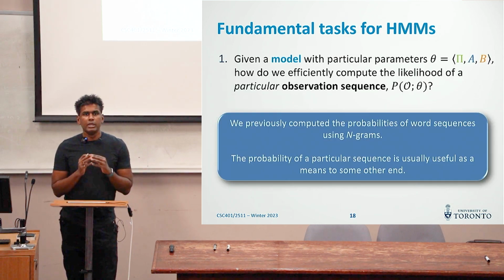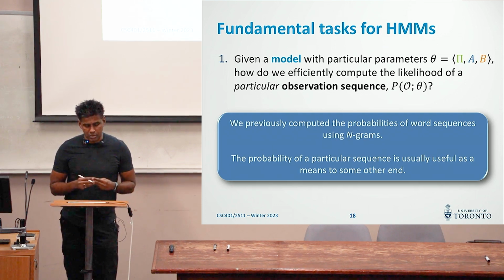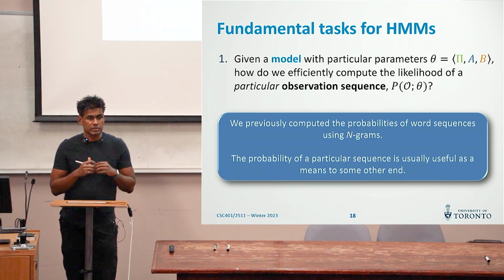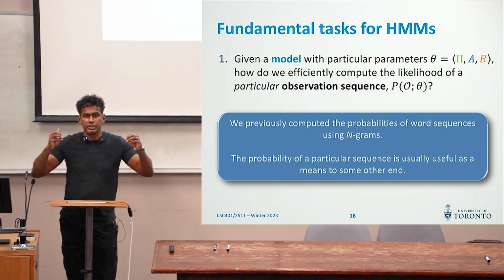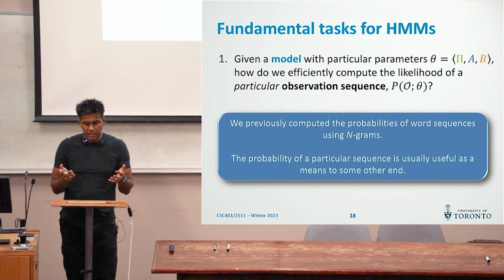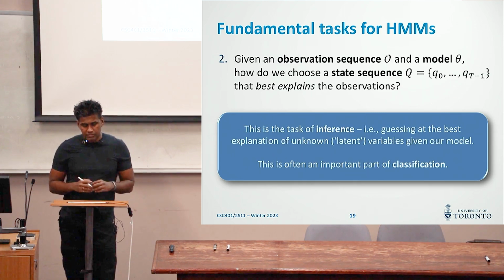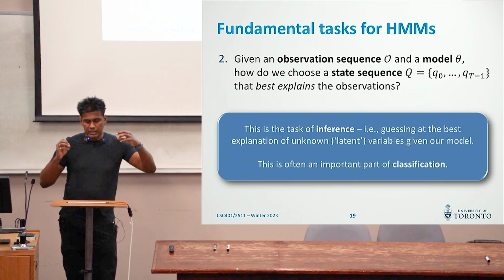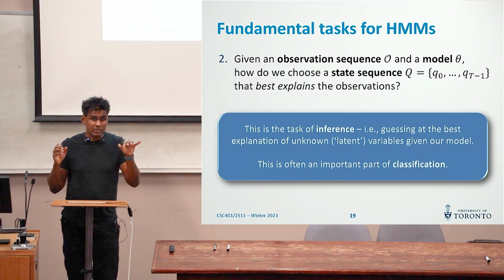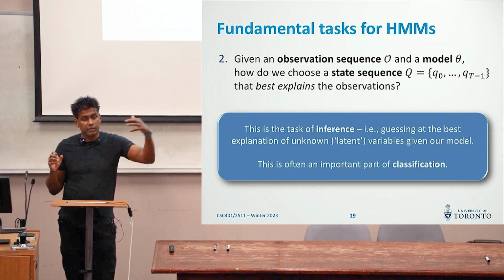So we will be looking at three fundamental tasks that we can solve with hidden Markov models. The first one is computing the observation likelihood. You're given a trained HMM model, and you see some observation, and you're asking what is the probability of this observation? Second, you see some observation and you have a model theta, but now you're asking what is the best possible state sequence that generated this observation?